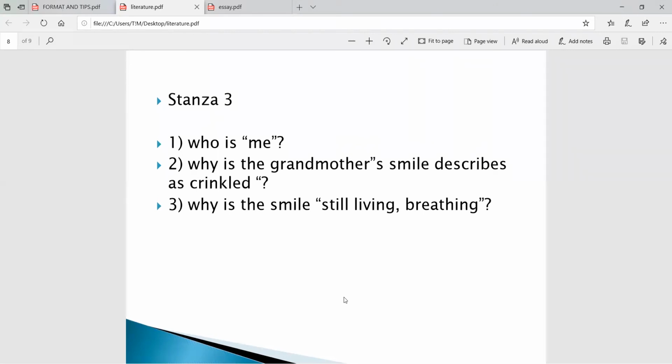It's a kind, genuine smile. If let's say I'm posing and giving a fake smile, would you have a good feeling about it? Definitely not, right? So because she was giving a very genuine smile, she always remembers her grandmother and knows that she's still living.